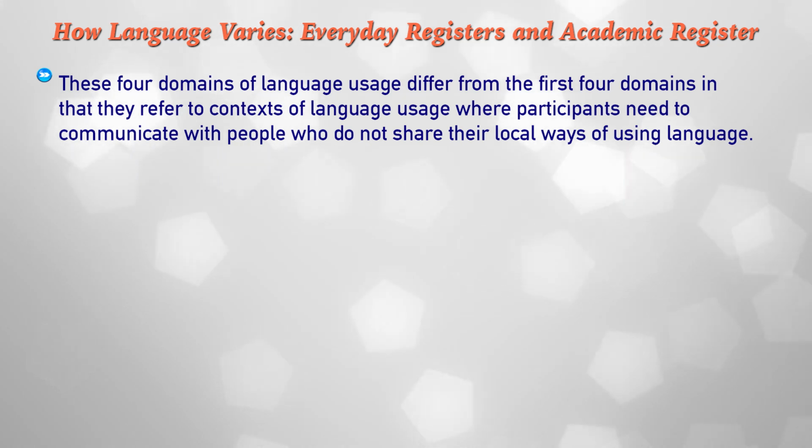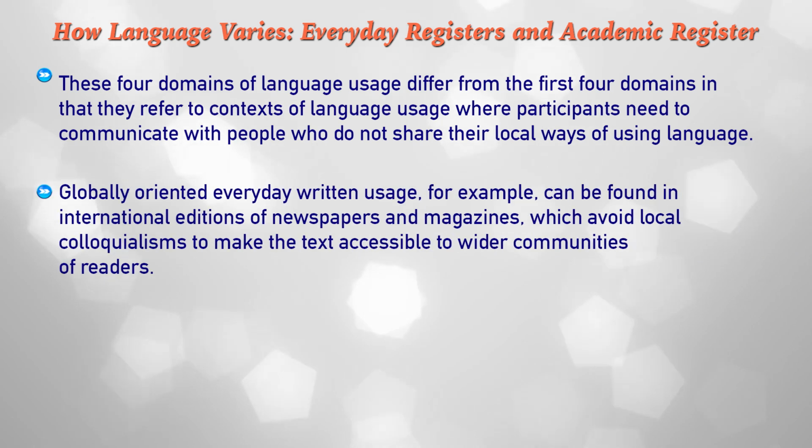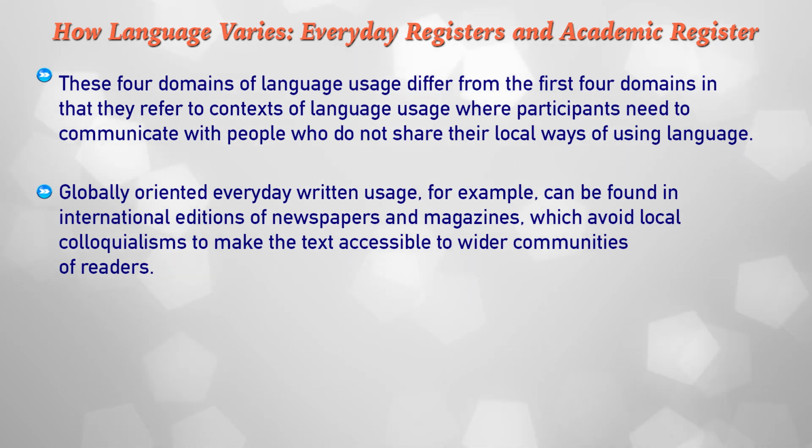These 4 domains of language usage differ from the first 4 domains in that they refer to contexts of language usage where participants need to communicate with people who do not share their local ways of using language. Globally oriented everyday written usage, for example, can be found in international editions of newspapers and magazines which avoid local colloquialism to make the text accessible to the wider community of readers.